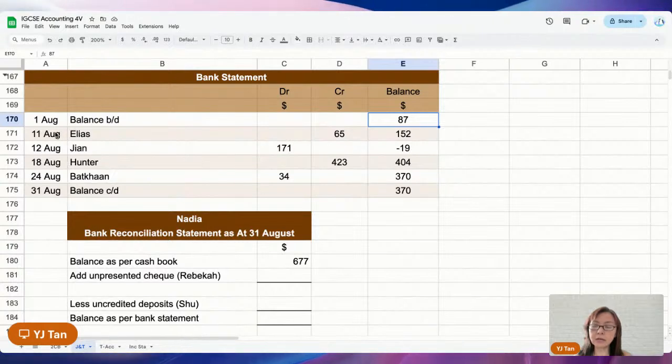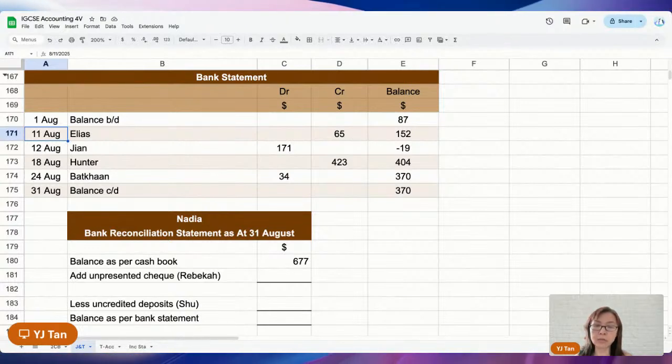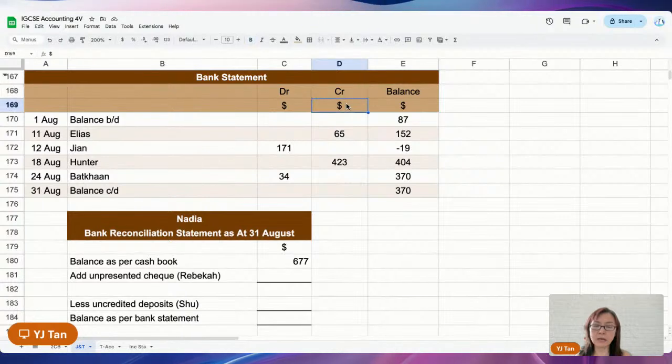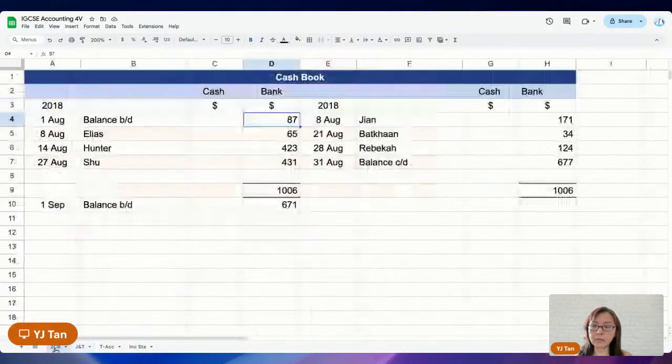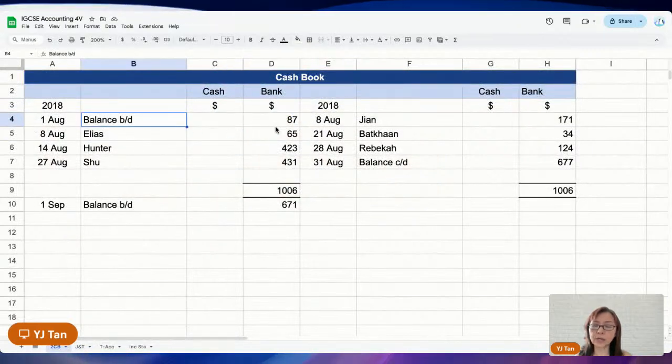Then on 11 August, Alias, which is 65, means a deposit. In the bank statement, when it's credit, it also means a deposit, that means add in. Let's have a look whether Alias deposit is there. Yes, these two are already correct.